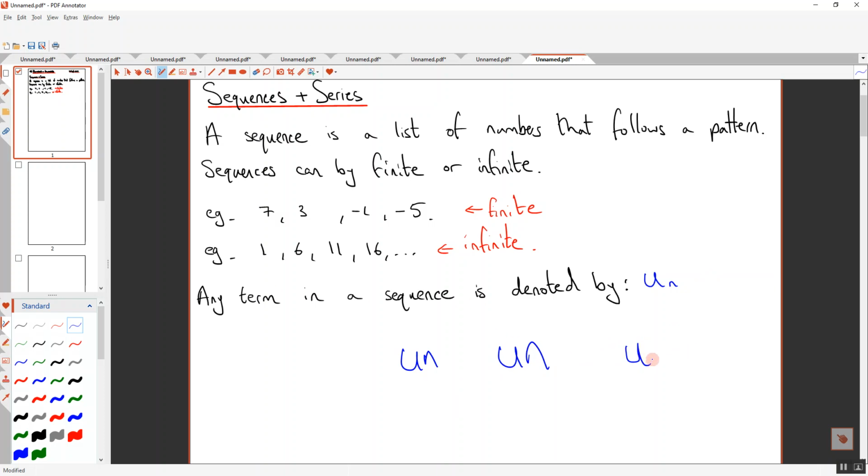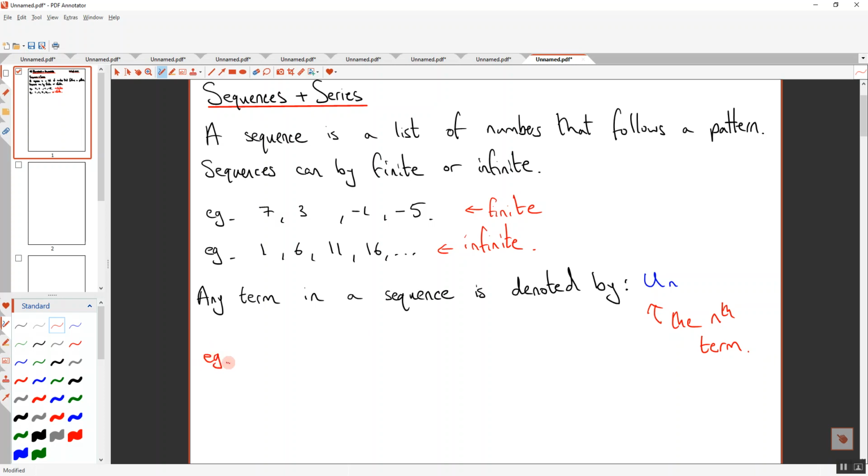I want U with a little subscript. So if I've got Un, this is essentially the nth term in a sequence.